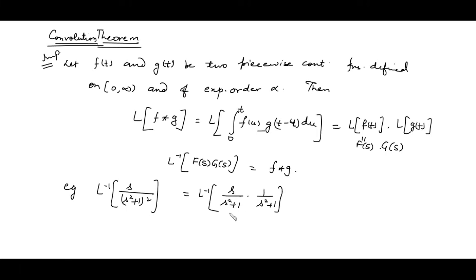This is your F(s), this is your G(s). Using the convolution theorem, what is the Laplace inverse of this? This is cos t. What is the Laplace inverse of this? This is sin t. So using the convolution theorem, the Laplace inverse of the product of these two is the convolution of f with g, meaning this integral.